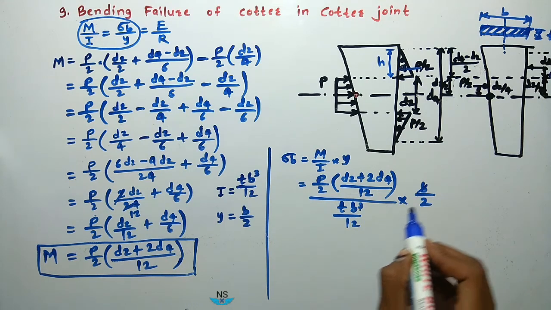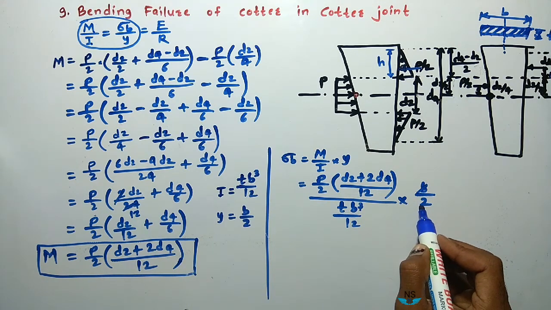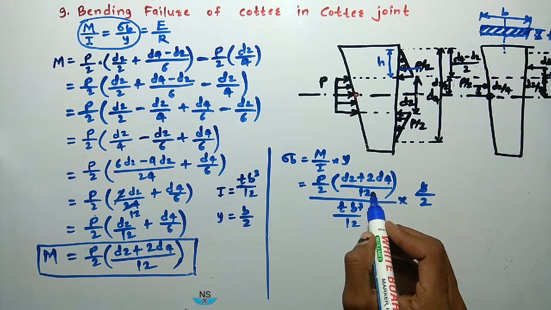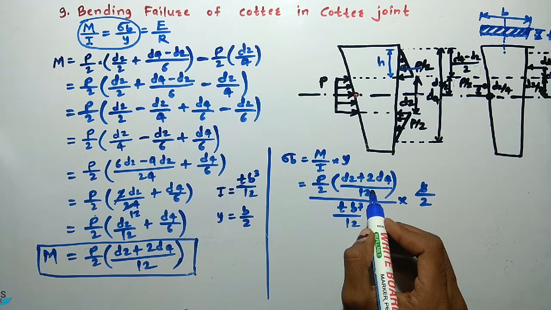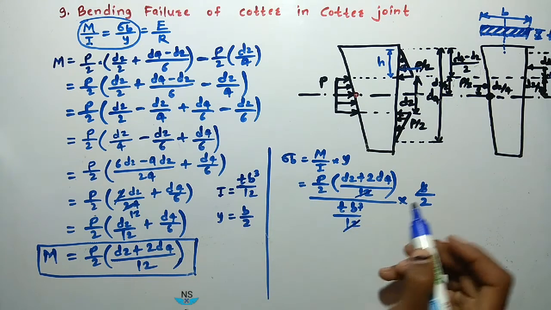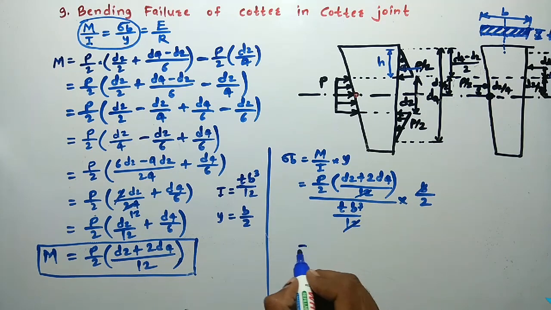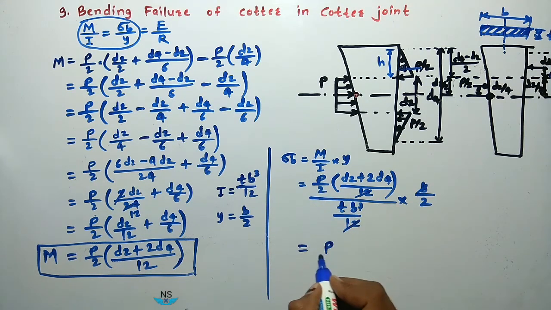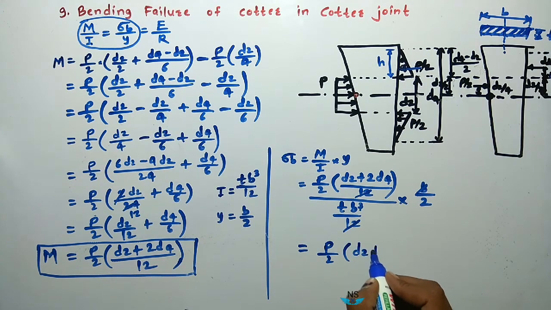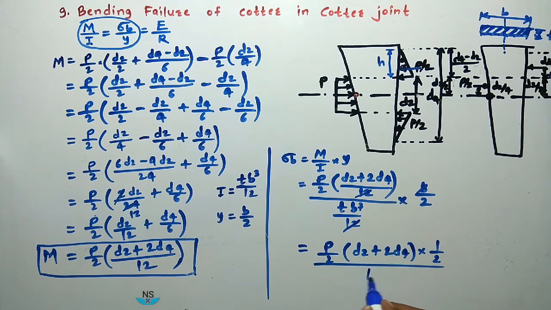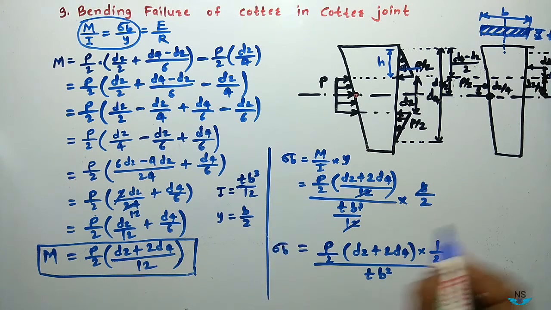Now one B is cancelled, then this 12 and this 12 get cancelled. Now what is remaining? The remaining is P by 2 into (D2 plus 2 D4) into 1 by 2, divided by T B square. Now what is this? Sigma b.